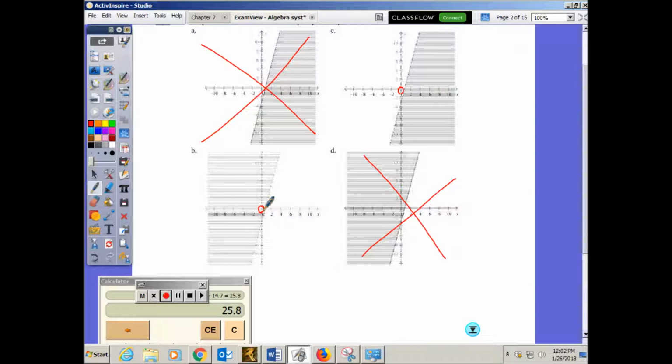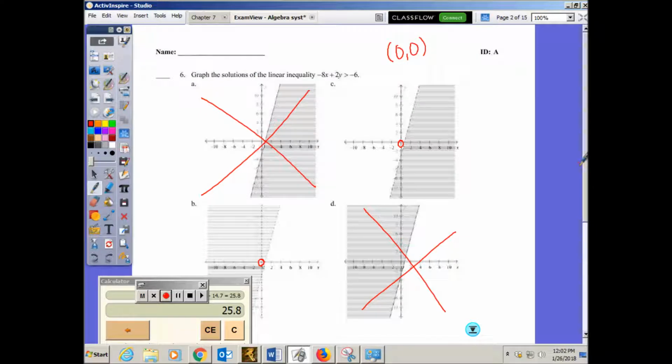You could pick any point. You could pick (-4, 4). You could pick (-10, 200). Why do you think I'm picking (0, 0)? It's easy. And plug it in. Negative 8 times x, which is 0, what's negative 8 times 0? 0.